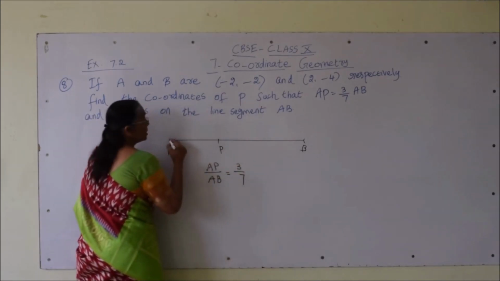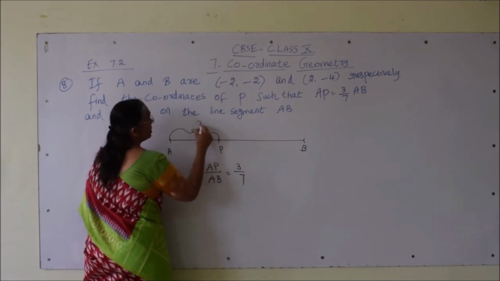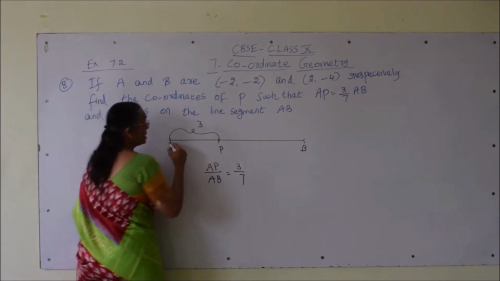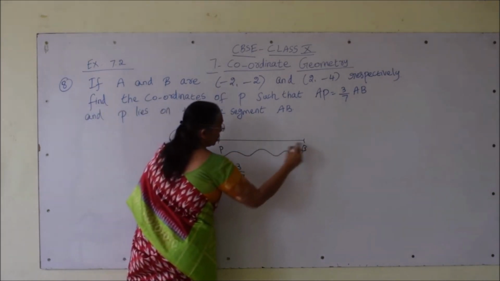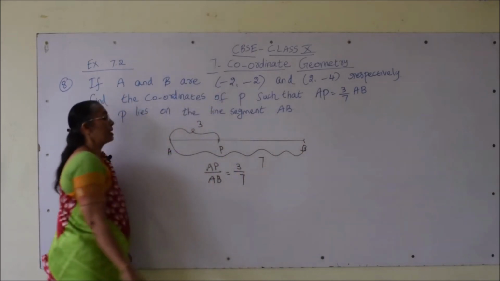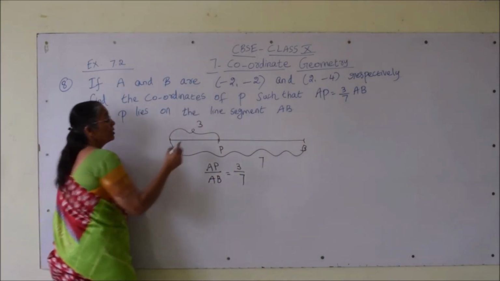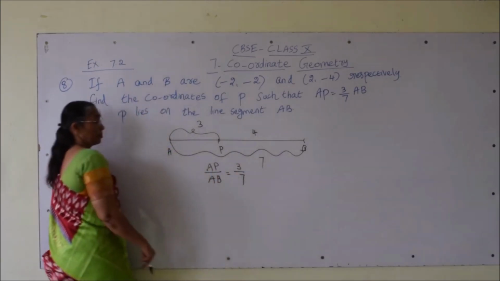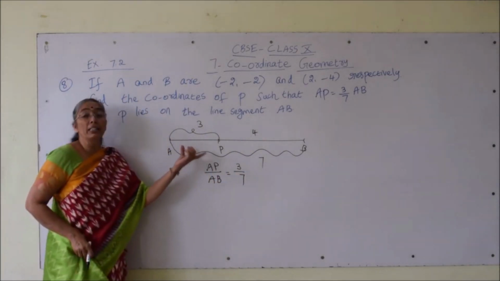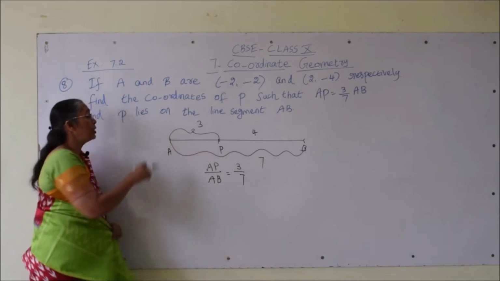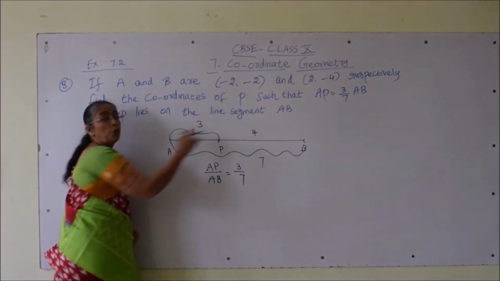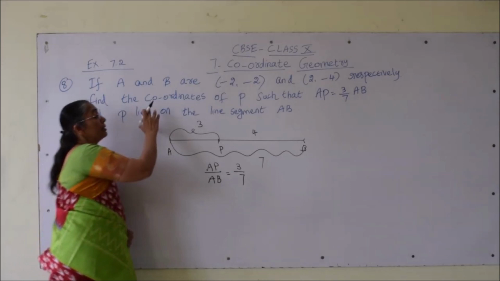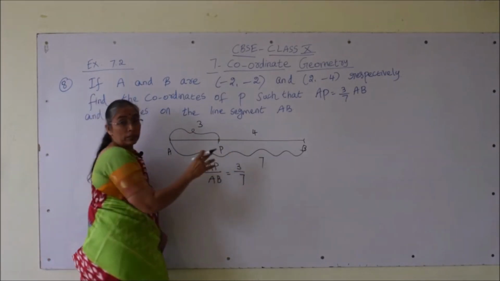That means this is AP, this is 3, and AB is the full part. So, the whole part is 7. So, what will be PB? From this we can say PB is nothing but 4 because the whole part 7 is divided into 2 parts as 3:4. AP is 3/7 of the whole part, the whole part is 7.